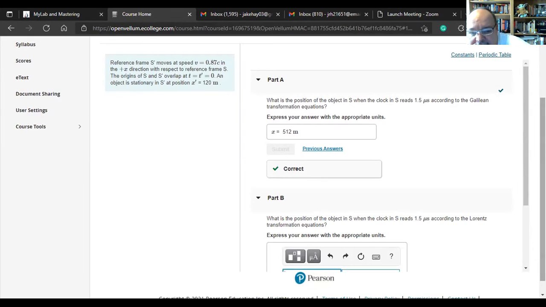Here's the weird part about this, and this is critical for you to understand. S reads 1.5 microseconds. That's the time in the S non-primed frame. So what they gave you was t, not t prime. If you look at your Lorentz transformations, x is equal to gamma times (x prime plus v t prime). So you can't use that t in there.